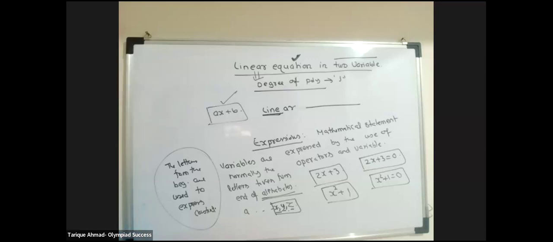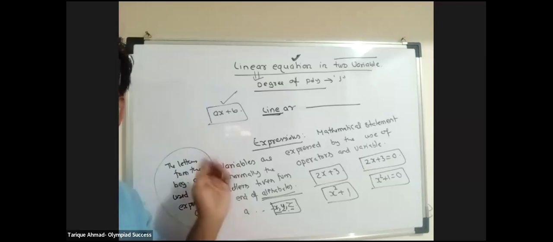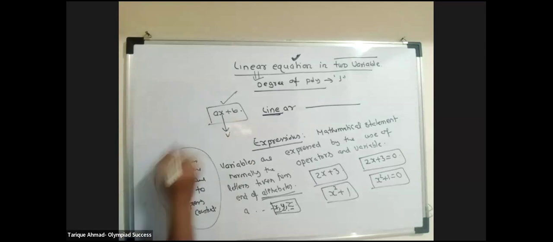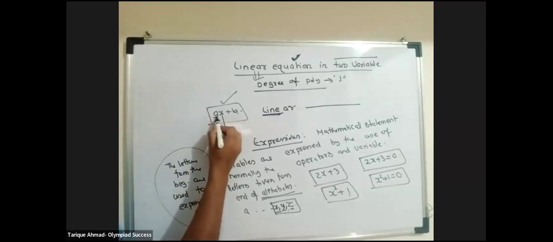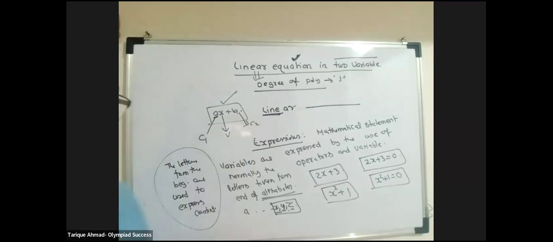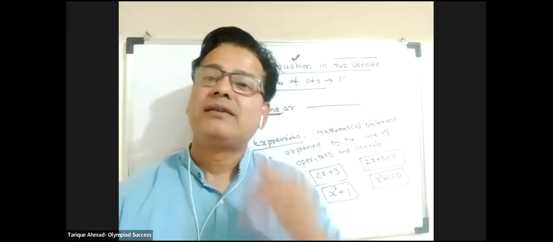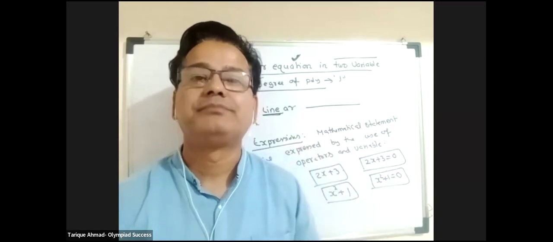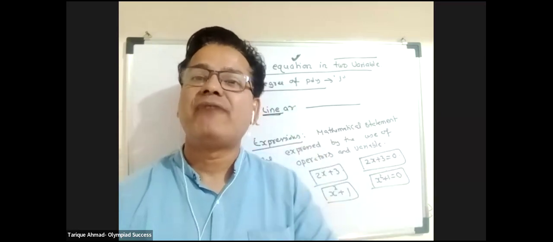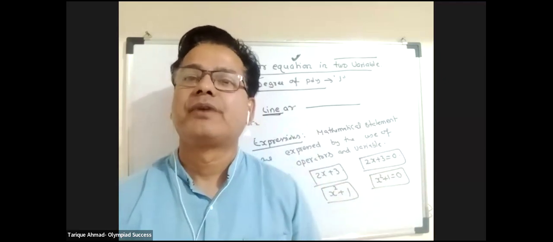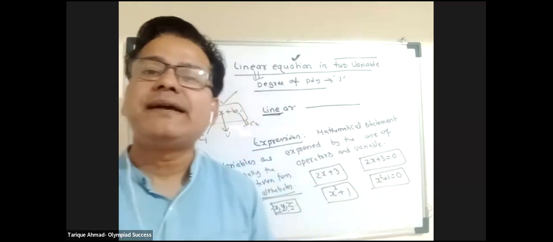And this question was asked somewhere in an Olympiad paper. So here the variable is x only, and a and b are constants. So constants are the letters taken from the beginning of the alphabet, and for variables, the alphabets are taken from the end. Correct? Got it?